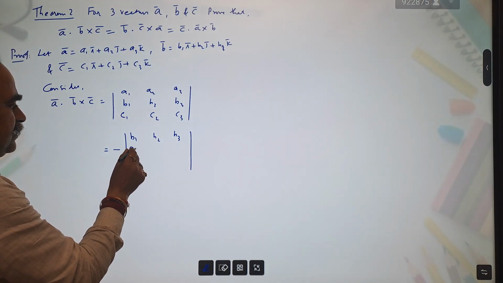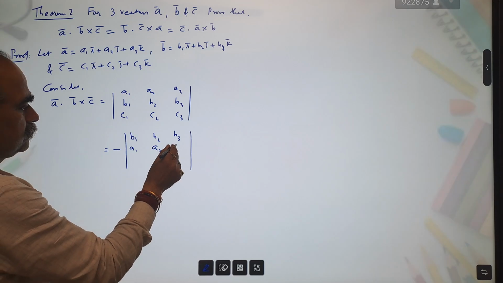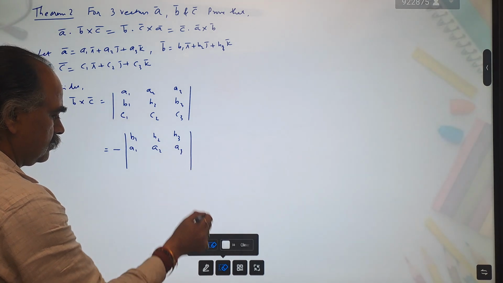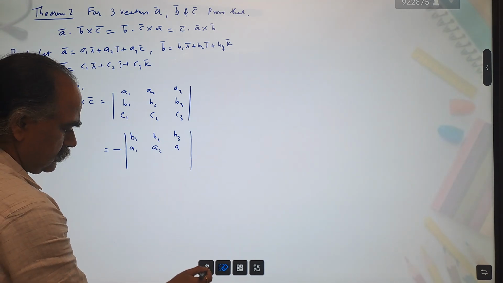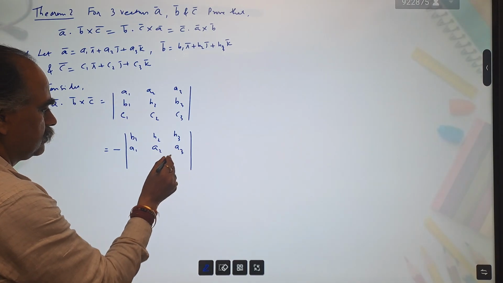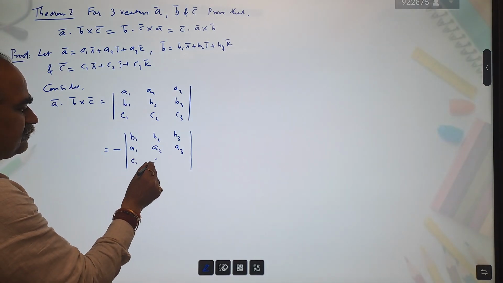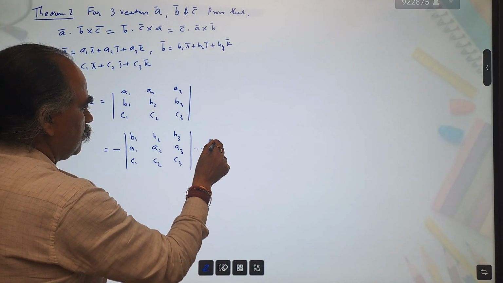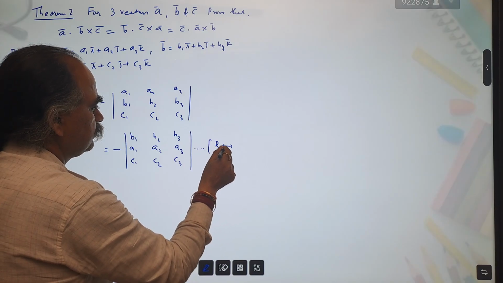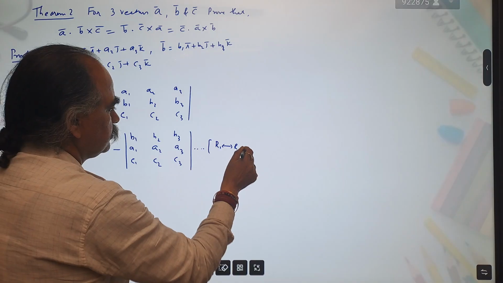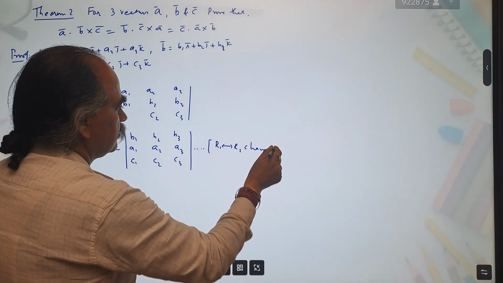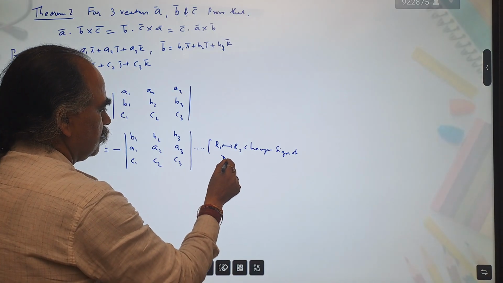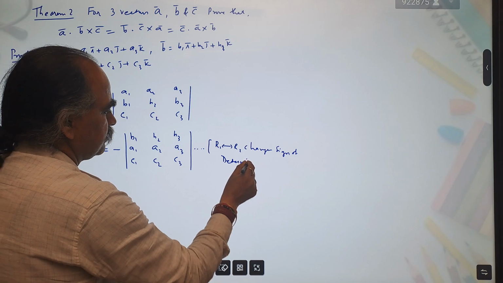Then A1, A2, A3. And C1, C2, C3 will remain as it is. R1 interchange R2 changes sign of determinant.